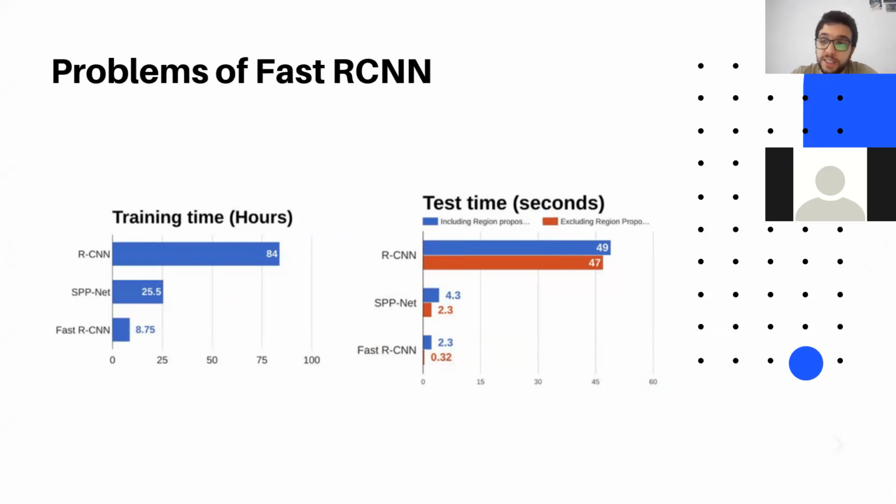It still consumes a lot of computations on CPU and it's time consuming, right? So the idea here would be to keep everything the same in Fast RCNN, but propose a new algorithm for detecting the regions. And we can see here the great difference in the training time and the great difference in the inference time between RCNN and Fast RCNN.